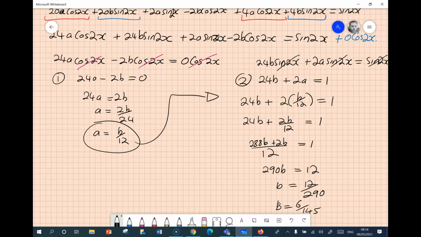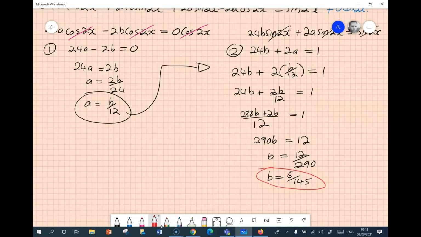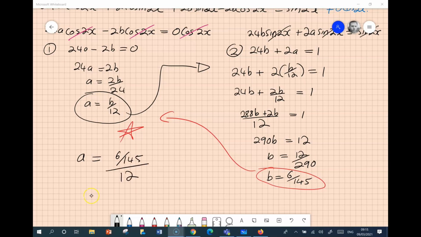Okay, so now we've found what b is. We need to see if we can find out what a is, and we've got a convenient expression for a over here. So we'll sub that back in. So a is just going to be b, which is 6 over 145, all divided by 12. So a is just going to be 1 over 290.